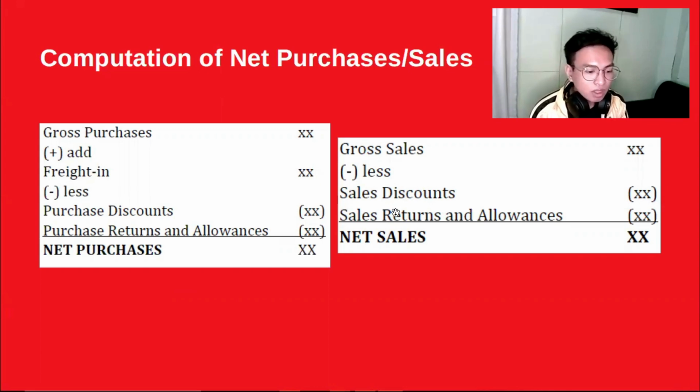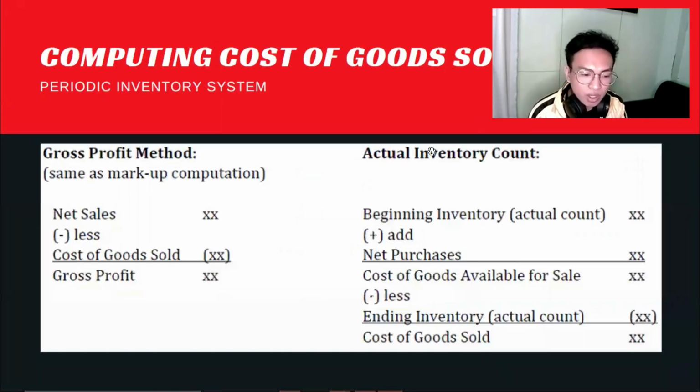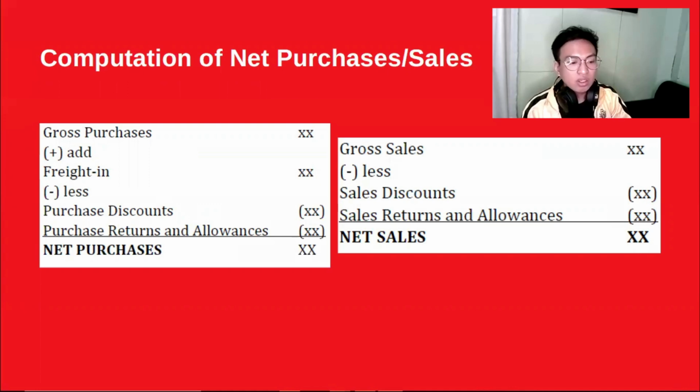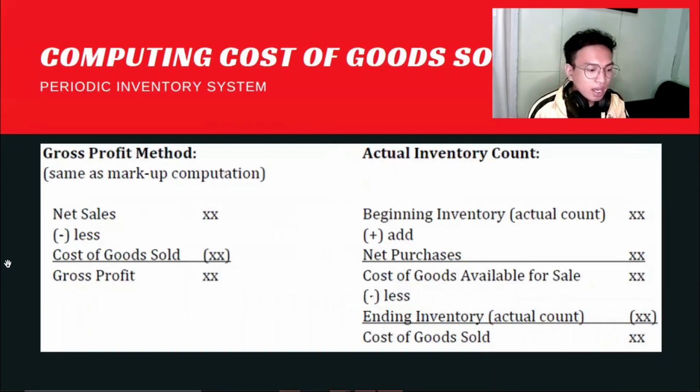Also, in computing for your actual inventory count, what you add to your beginning inventories is your net purchase, which is gross purchase plus your freight-ins and minus discounts and allowances. So that's the end of our merchandising transaction. You just have to know that this is how you get the gross profit.